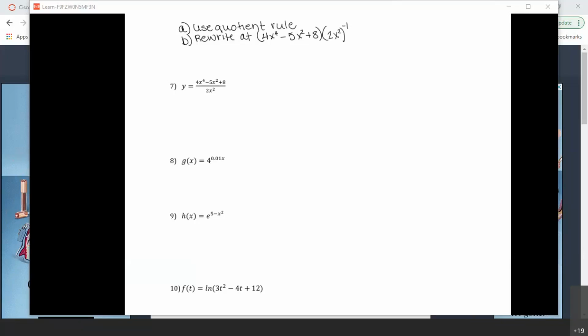But there's a simpler way: divide 2x squared out of each term. There's only one term in the denominator, right? But that's saying divide out everything in the numerator by 2x squared. So let me show you what I'm saying.